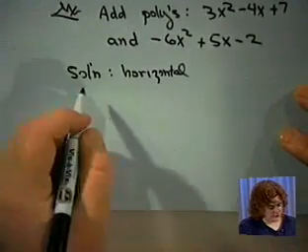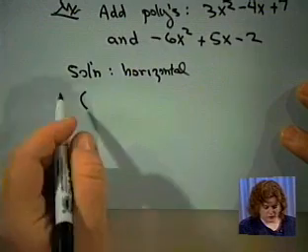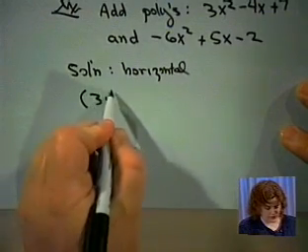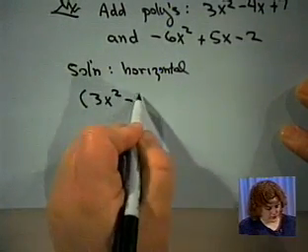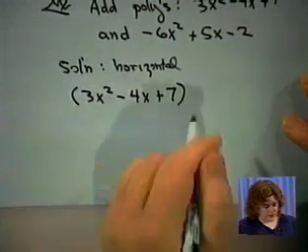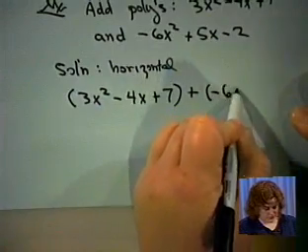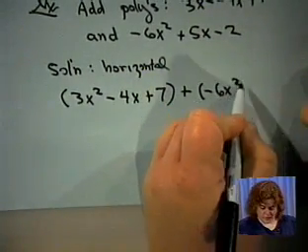is simply to write out your two polynomials, and to delineate them, I'll start with putting them in parentheses. So we have the 3x squared minus 4x plus 7, and pop a plus sign in the middle, and then we're going to combine like terms.